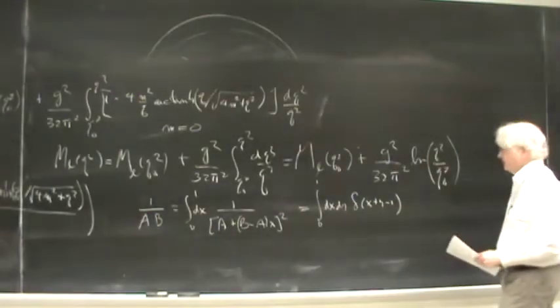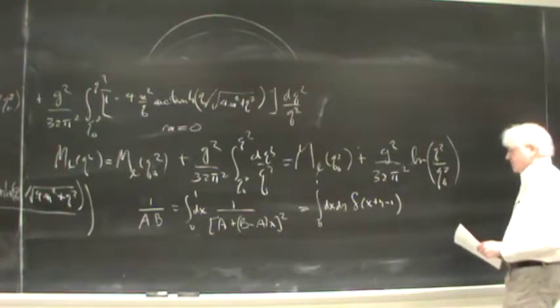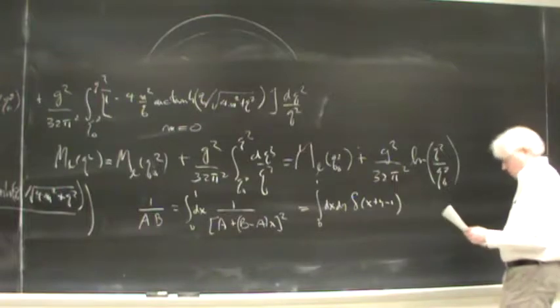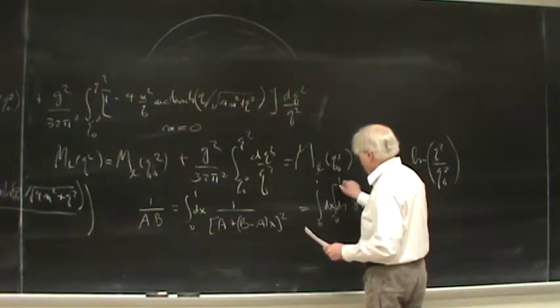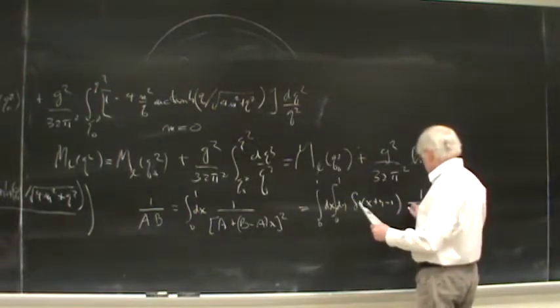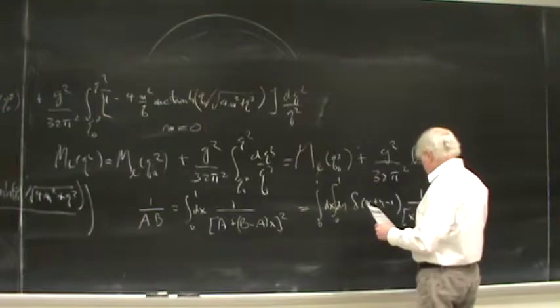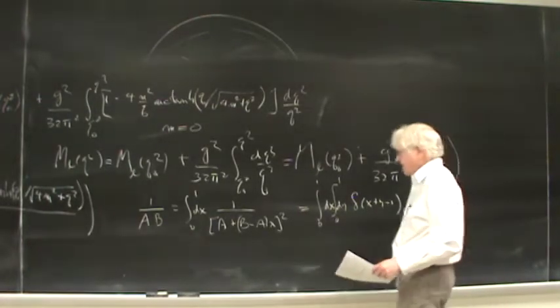And so here y is 1 minus x, so y also is somewhere between 0 and 1. So in a sense, it's also the integral 0 to 1 dy, if you want, of 1 over (xa plus yb) squared. So that's one way of writing it.